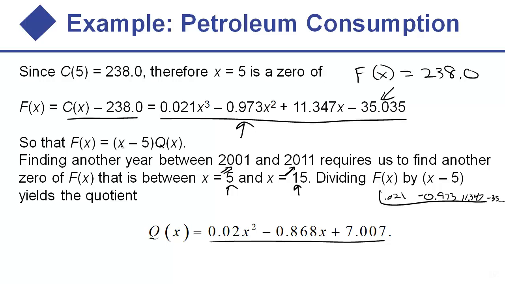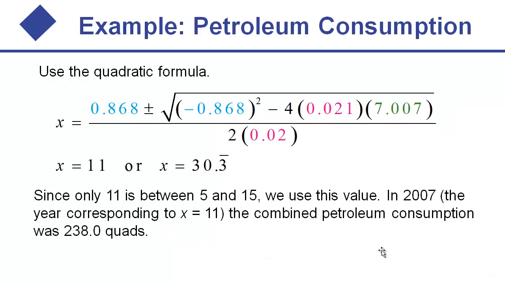And since this is x minus 5, right, you're using 5. Bring down the 0.021, multiply, add, and so on, and you would have gotten a remainder of 0. And then the numbers down here would be these three coefficients, and that would give you your new polynomial.